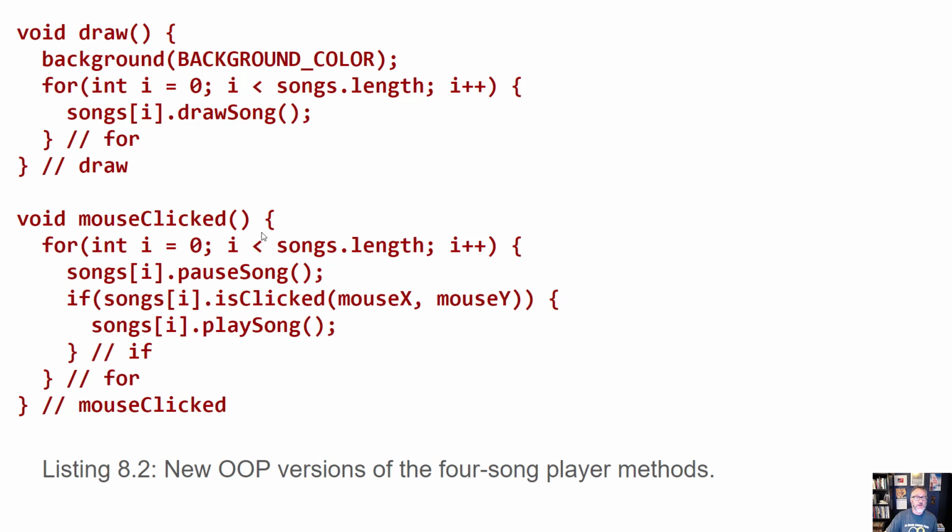Mouse clicked is even more simplified. I go through all of the songs in the array, pause them, and then say if this song was clicked on by the mouse pointer, then play it. That's pretty cool. So this will simplify our work a lot if we can encapsulate those pieces inside a class. In our next video, we'll do a code tour of that actual application and demonstrate it working.